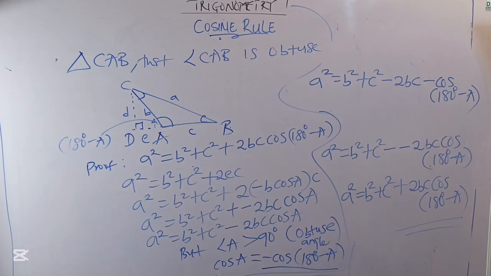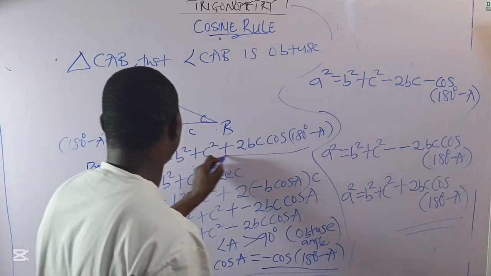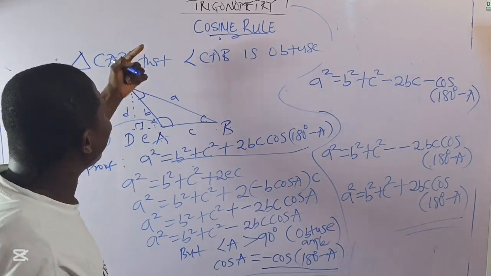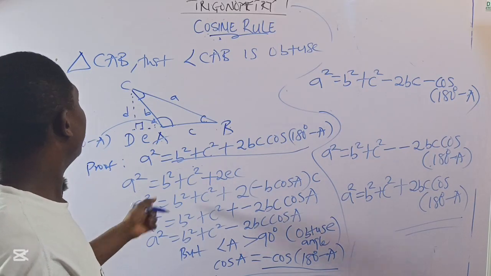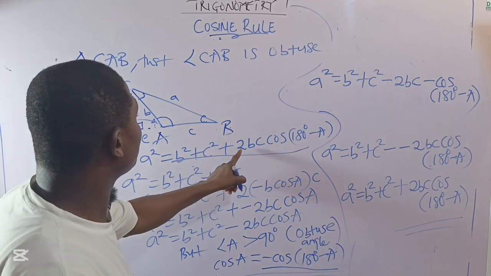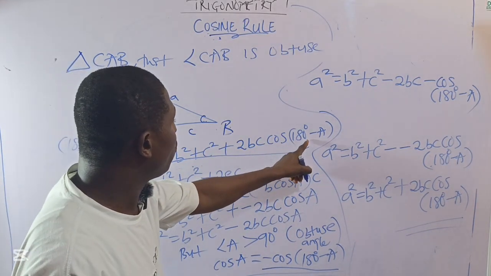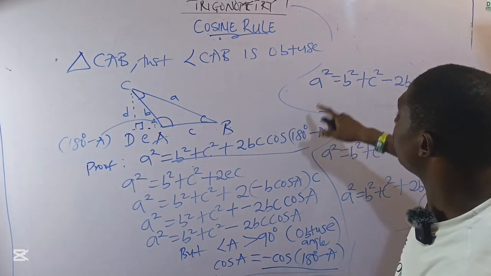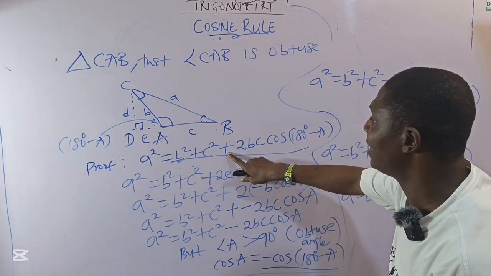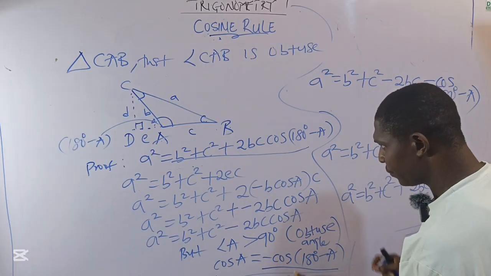And I want to draw your attention. Remember that this formula is used whenever an angle that is greater than 90 degrees is given. It must be B square plus C square plus 2BC cos open bracket 180 minus A, meaning the angle given, you must subtract it from 180, and this sign automatically changes.